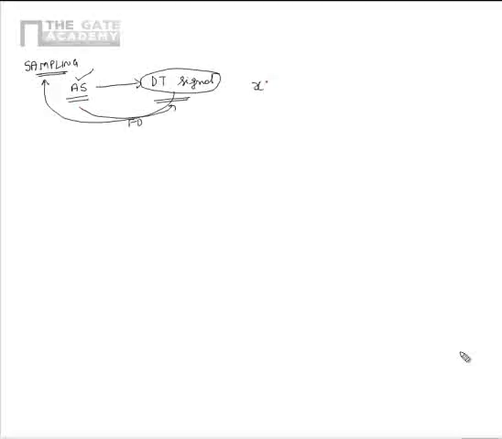Let us consider a signal x of t which has a bandwidth of omega n. So without loss of generality, let us assume that the frequency domain representation of the signal x of t, that is x of j omega, looks as shown.